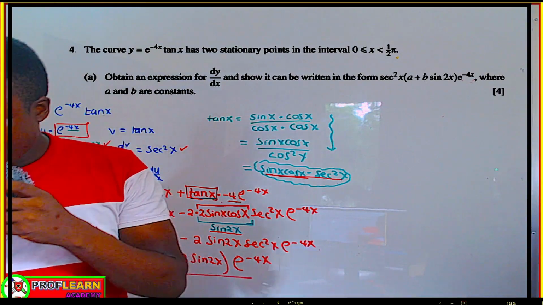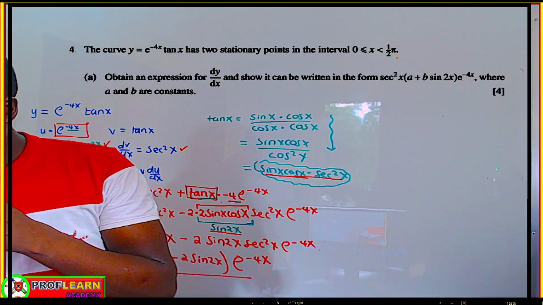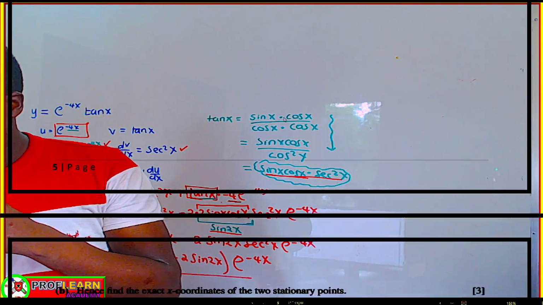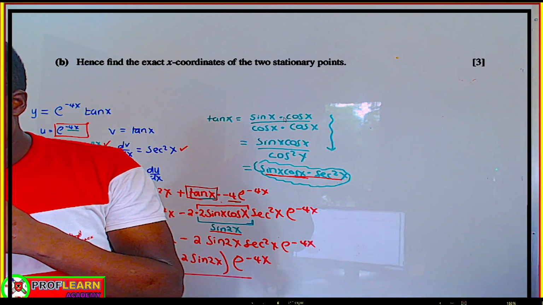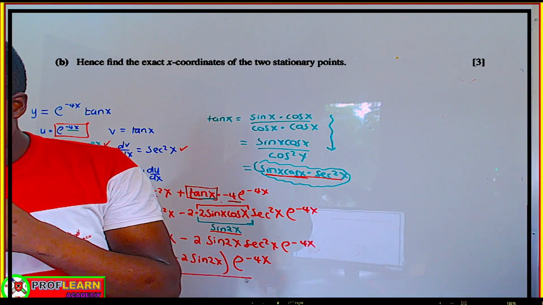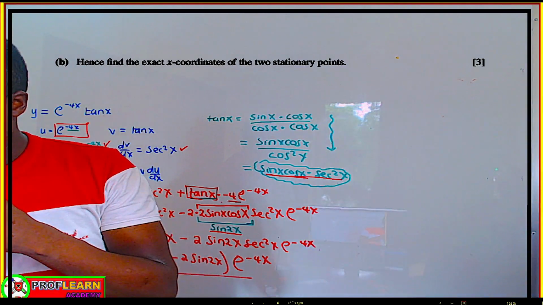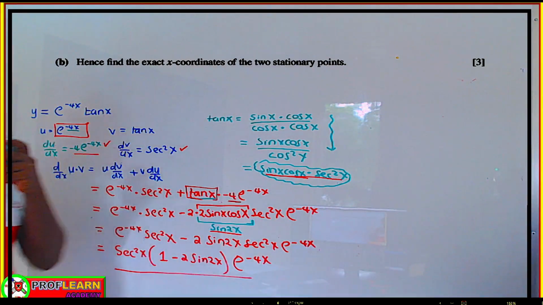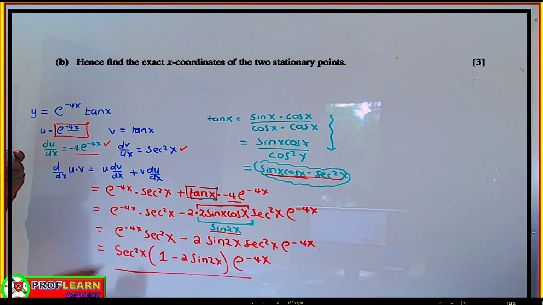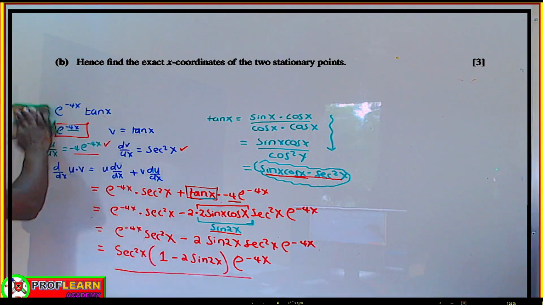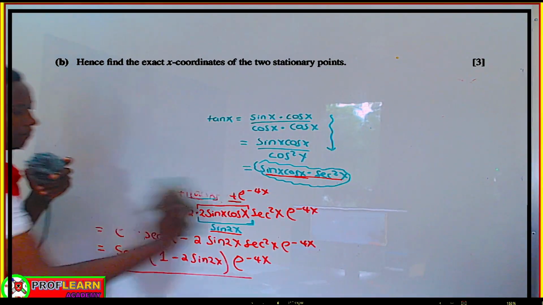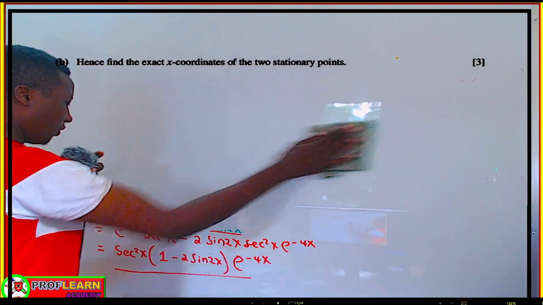Now, at this given point, we need to go straight and try to see the next question, because you are supposed to find the stationary point for that. Already we have gotten our expression for the derivative, or dy dx is this one. Then now we can go ahead and find the stationary point for x.